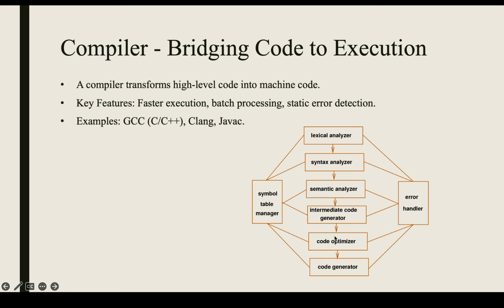Then the code optimizer improves the code efficiency, and then the code generator converts code into machine level language. This is how a high level language code is converted into machine language through the symbol table and error handler.